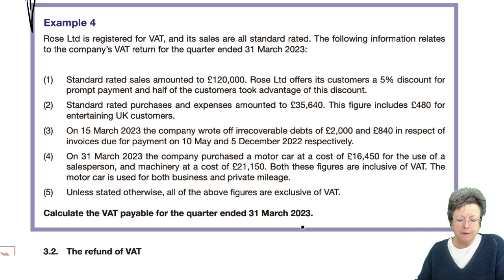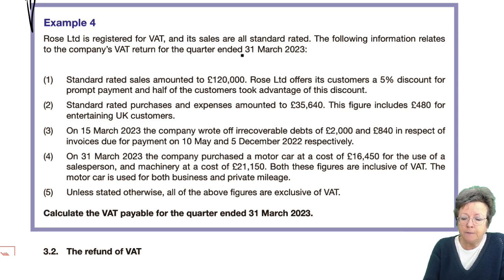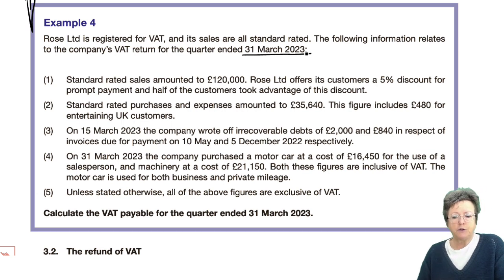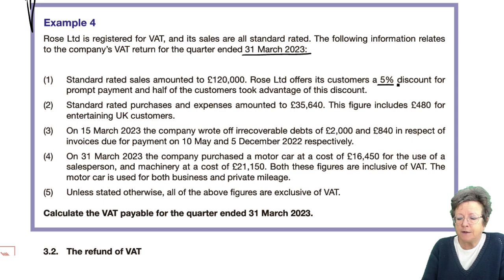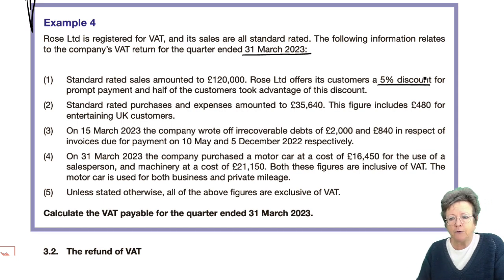Rose Limited is registered for VAT and its sales are standard rated. The following information relates to the VAT quarter ended 31st of March 23. Standard rated sales of 120,000. Now, they offered their customers a 5% discount. Do you remember the rule about discounts?